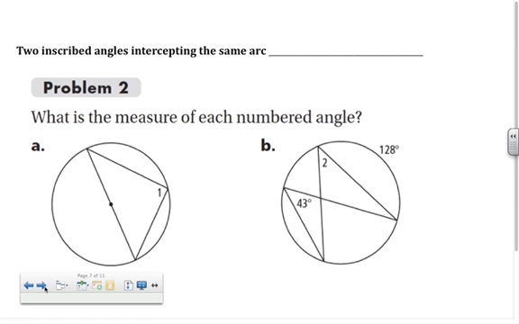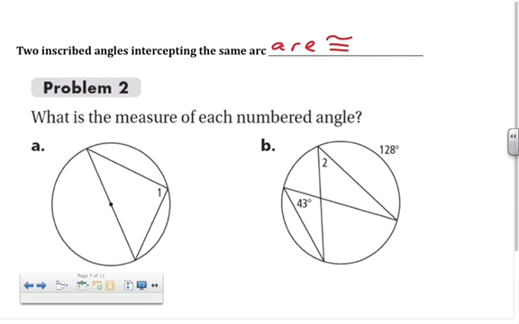So how about if 2 inscribed angles are intercepting the same arc? What do you think will be true about those angles? They'll be congruent because they're cutting off the same arc. They're half of the same arc. So inscribed angles intercepting the same arc are congruent.